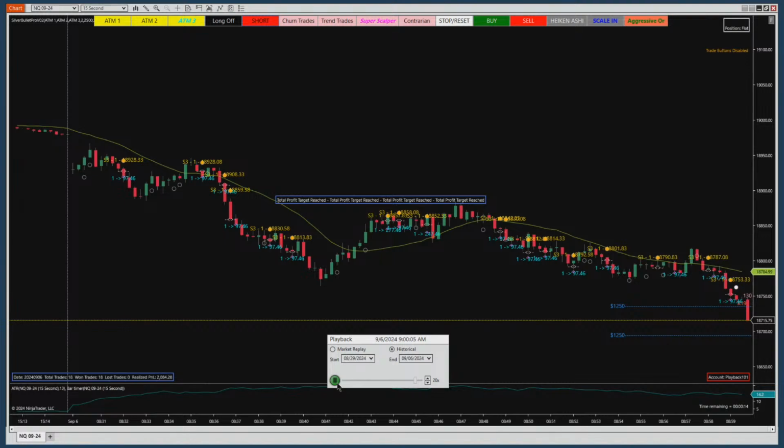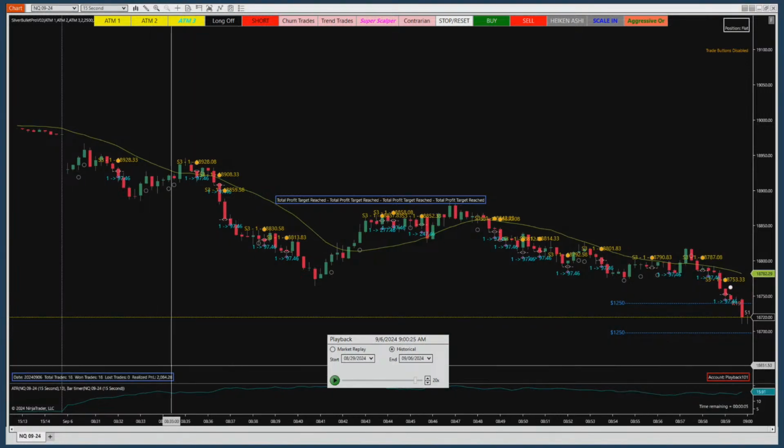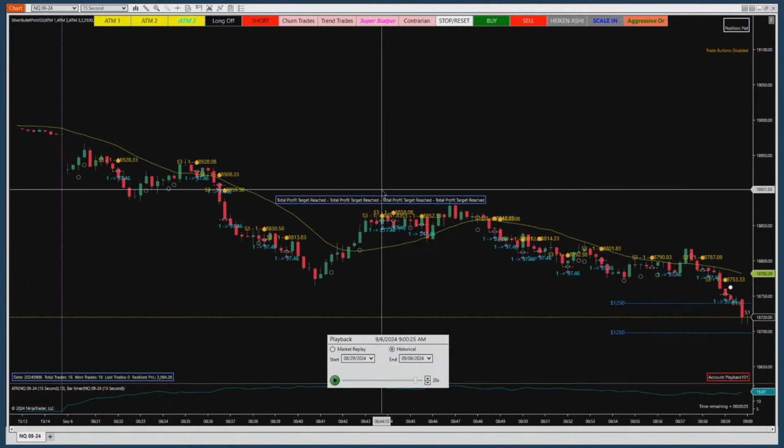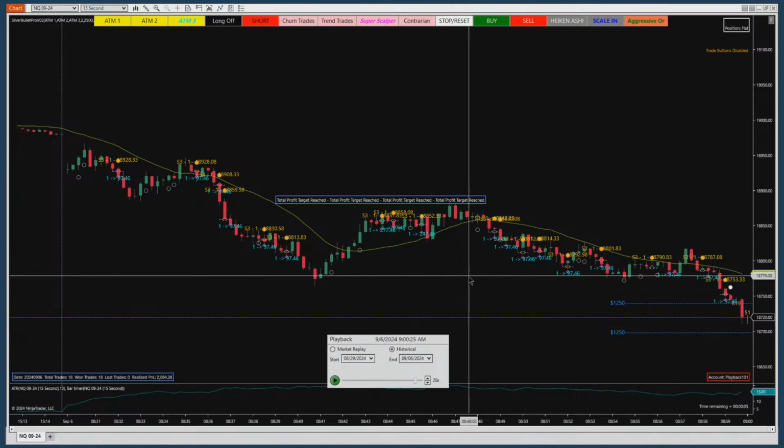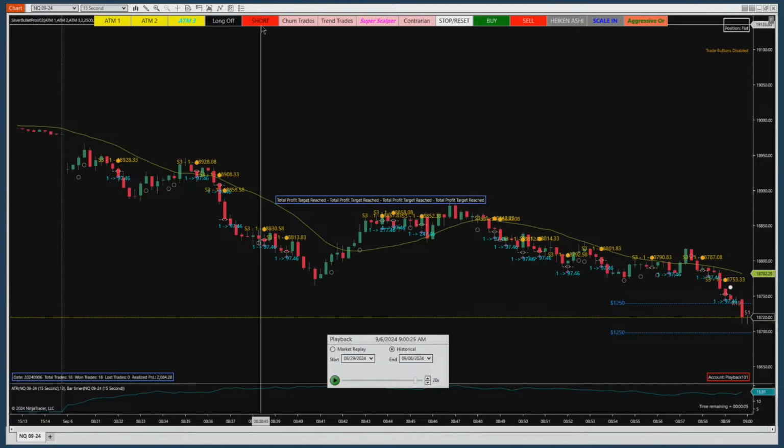So I'm going to reset it again. Now this time it truly exceeded $2,000. So total profit reached, trade buttons disabled. The software will not take any more trades unless you reload the software, reload the session.